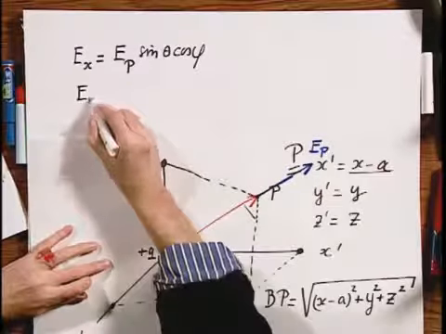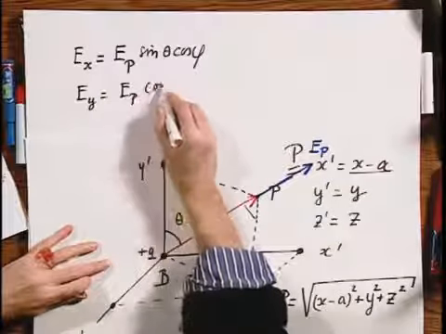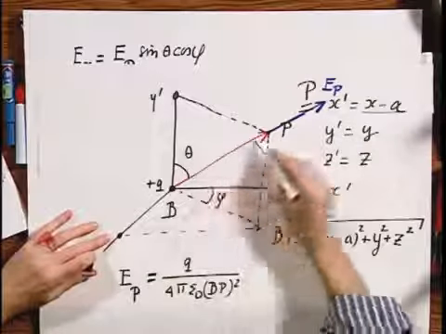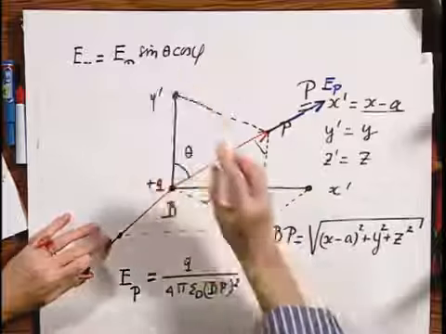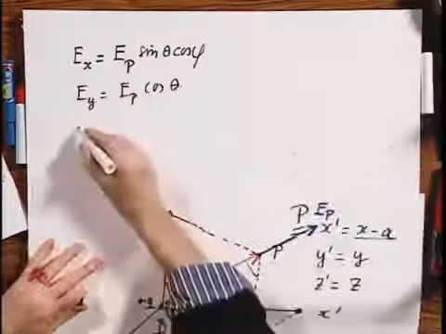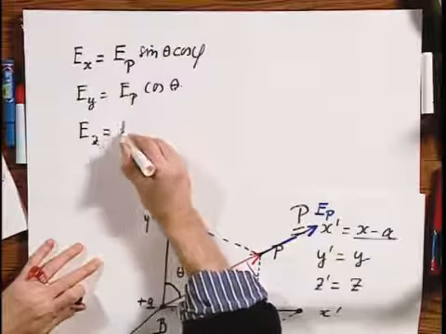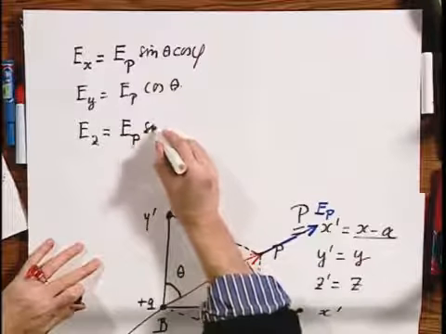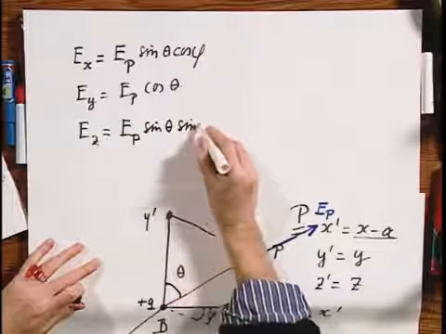E of y equals E of P times the cosine of theta. That's very easy to see. Once you know what the magnitude EP is, if you want to know the projection in this direction, then all you have to do is multiply it by the cosine of theta. And E of Z equals EP times the sine of theta times the sine of phi.